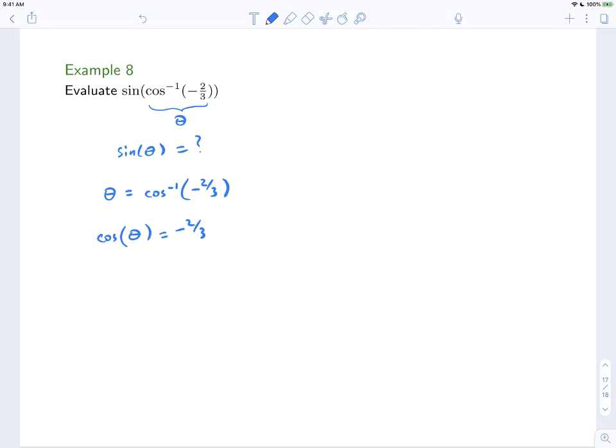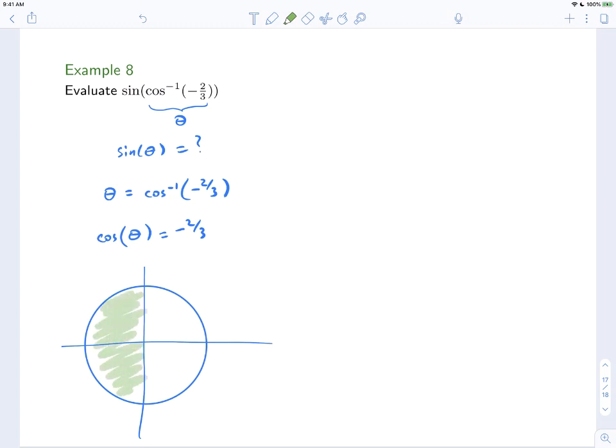So we need to know whether sine is going to be positive or negative. We need to figure out what quadrant we're in. Oops, that's a terrible unit circle. Let's try that. There we go. Now again, we know that cosine of theta is negative 2/3. So that means that the x-coordinate is negative. So that means we're over here somewhere.